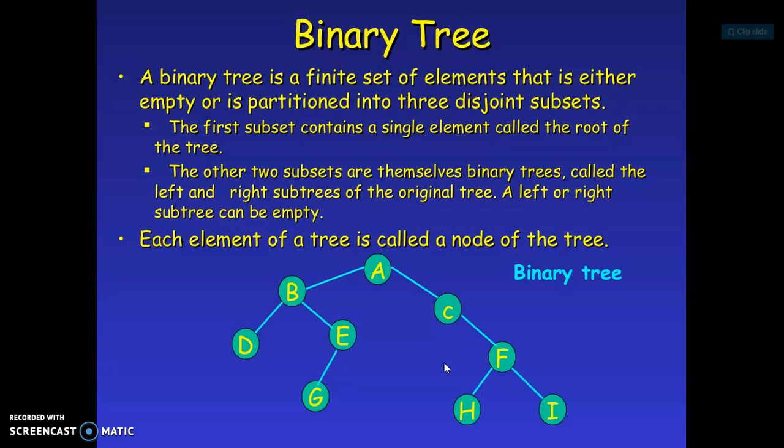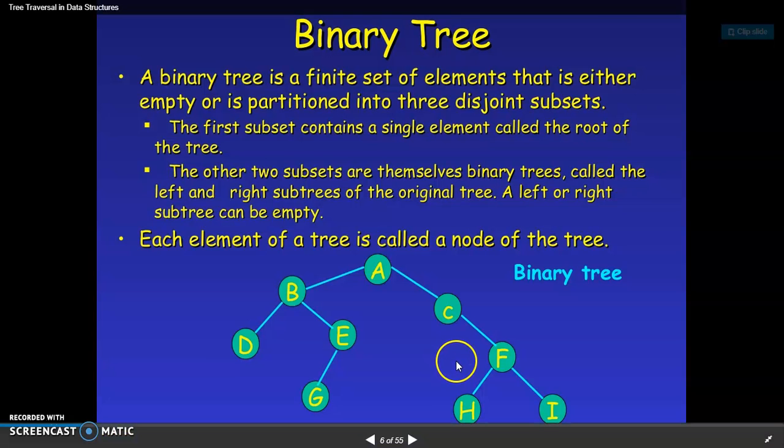But in the binary tree, the elements are not arranged in an order. They are arranged in a hierarchical order like a tree structure. There is no particular line of elements. So trees are called non-linear data structures.